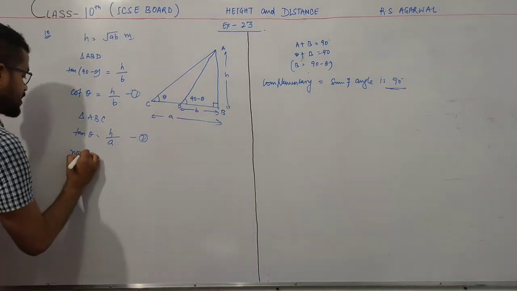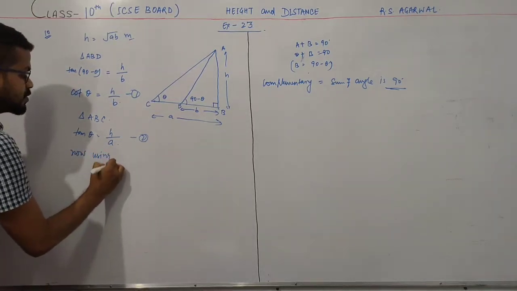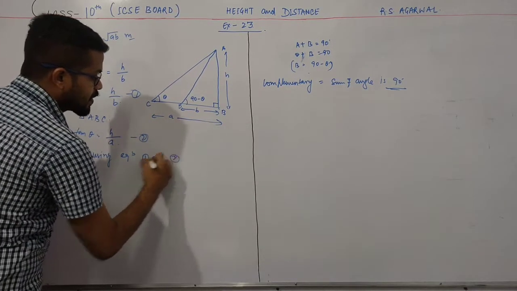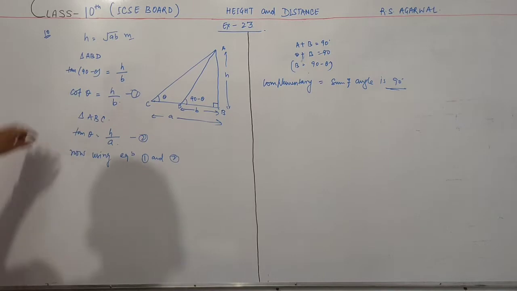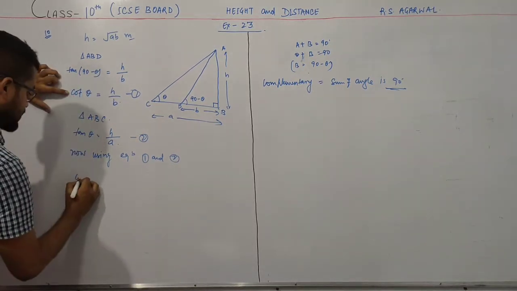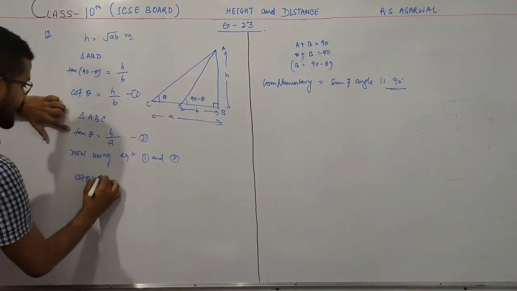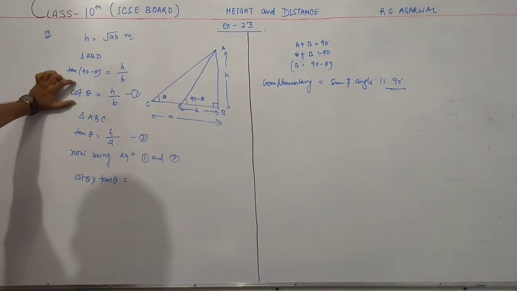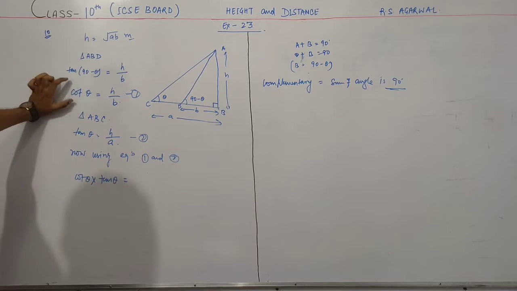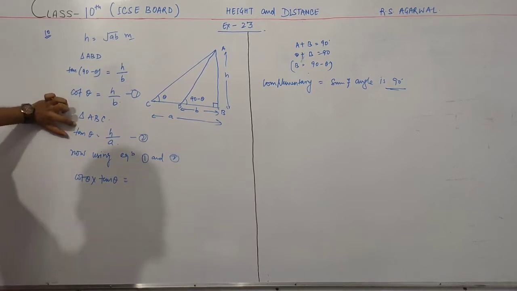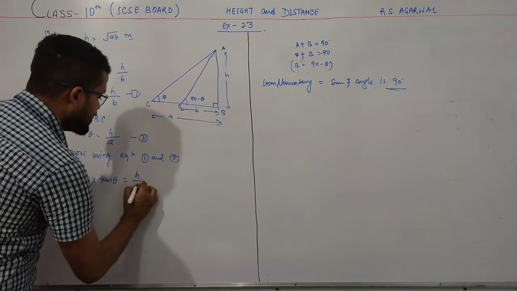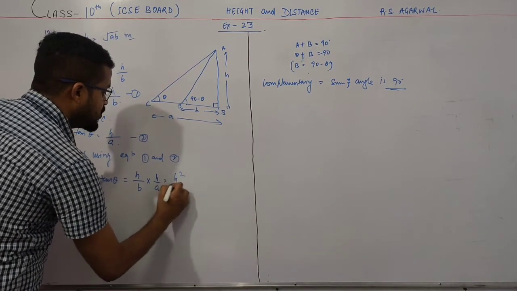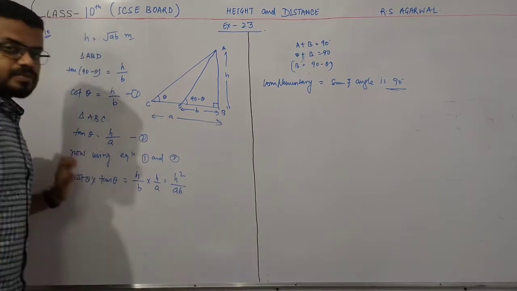So now using equations 1 and 2, if I take the product of these two equations, cot theta into tan theta is equal to, this is h by b and this is h by a, so this is h square upon ab.